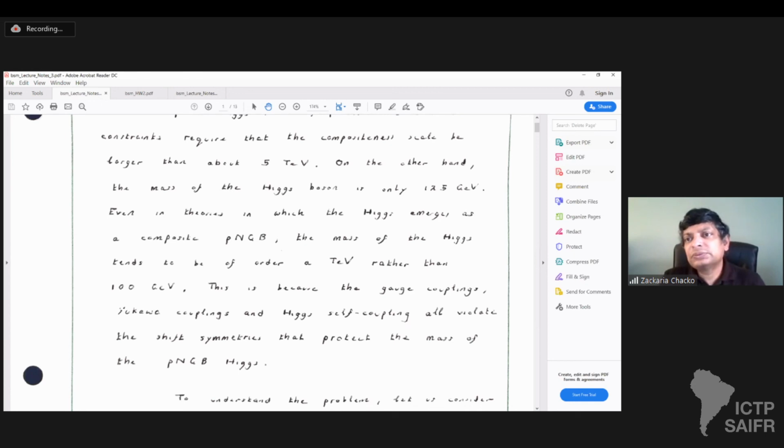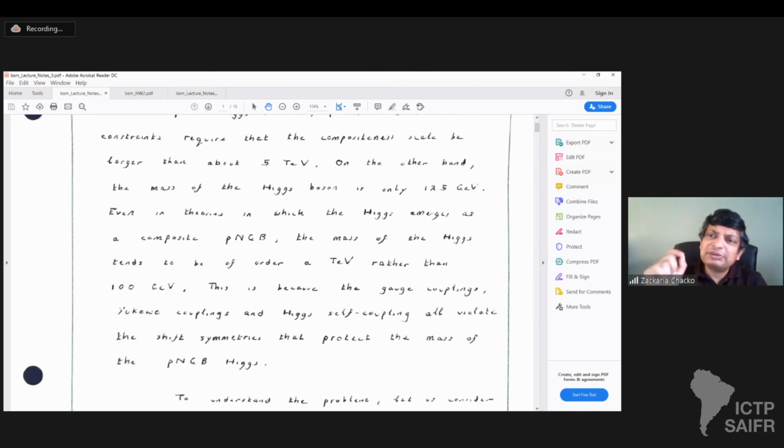So it's not easy to figure out that the Higgs is composite just because the compositeness scale is above 5 TeV. But nevertheless, if you look at detailed processes like di-Higgs, for example, so not single Higgs production, but di-Higgs production at the LHC, then certain processes like that are sensitive to the composite nature of the Higgs.